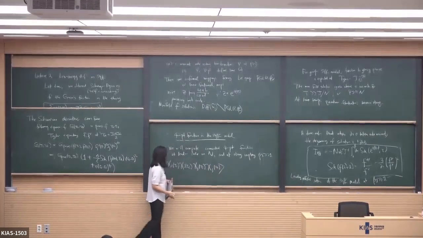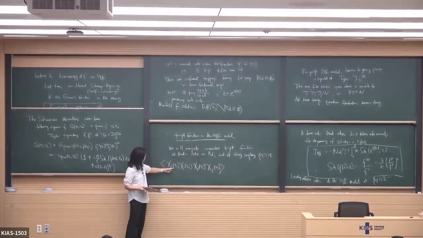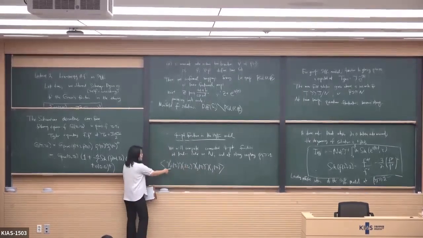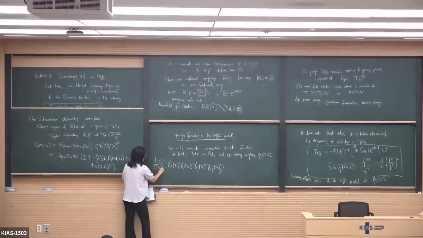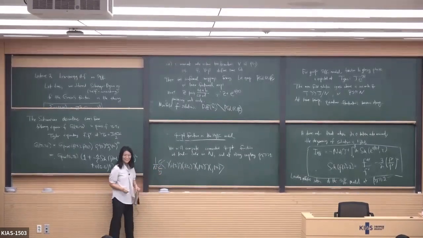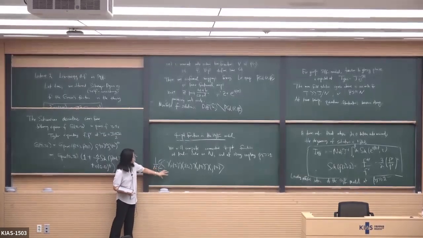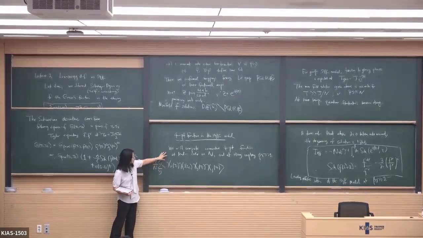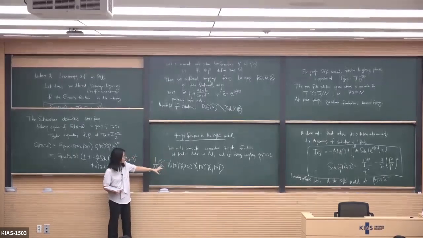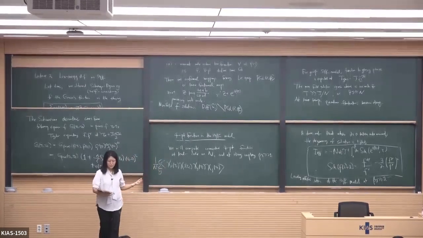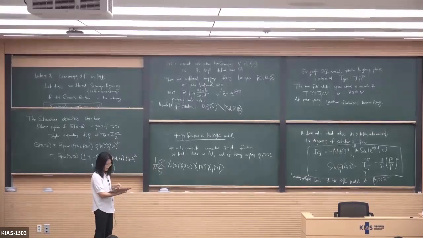And we can either look at this 4-point function for fixed I and j, or we can take an average over I and j and put a factor of 1 over n squared. So depending on whether you average over the sites or not, the Feynman diagrams differ a little bit in the beginning, but the ladder diagrams always are important.